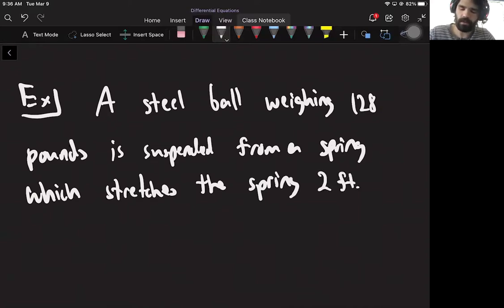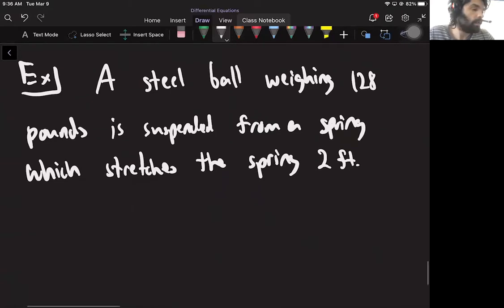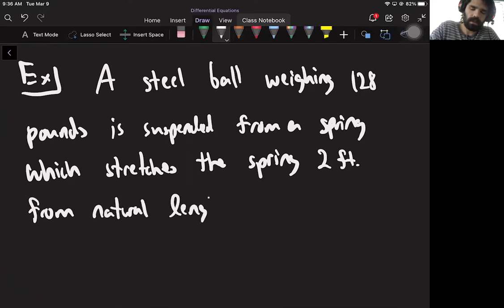So we're using non-metric units, but that's okay. We're not gonna have to switch back and forth or anything. So it stretches 2 feet from the natural length.